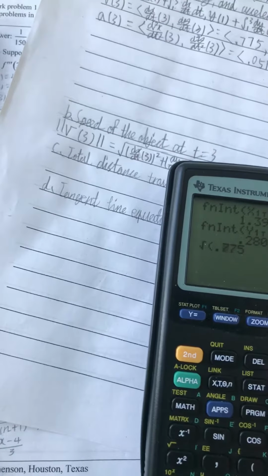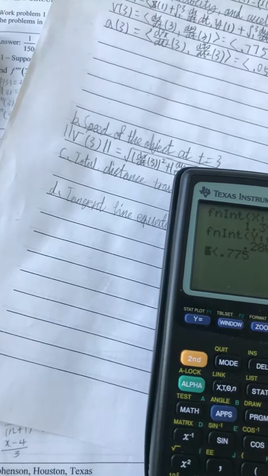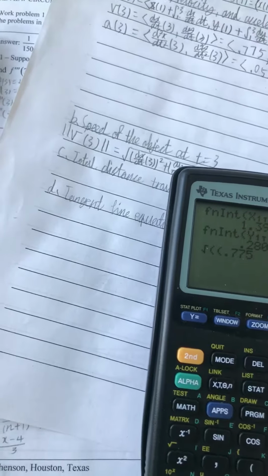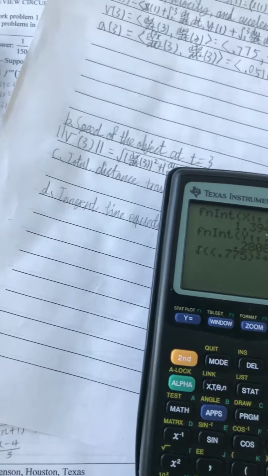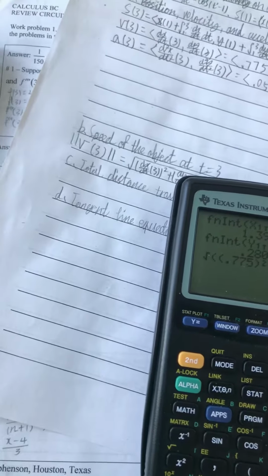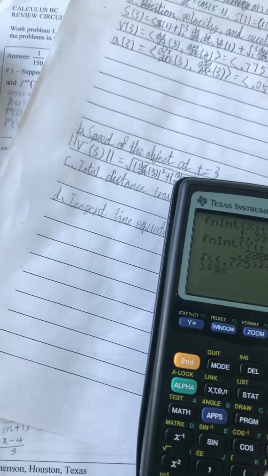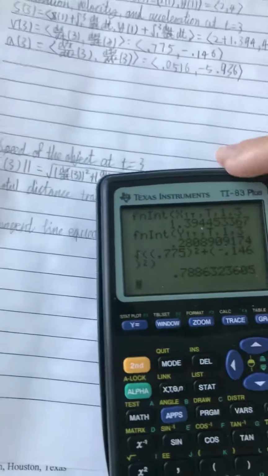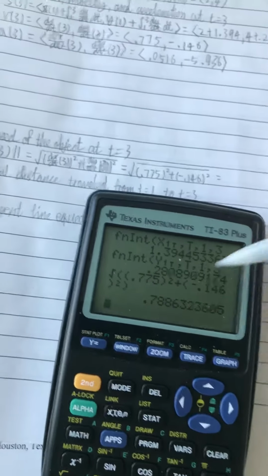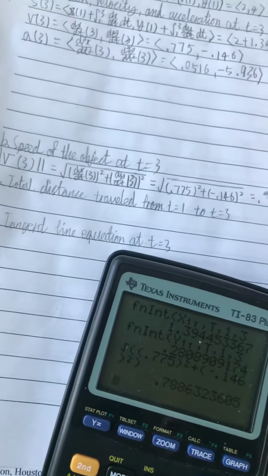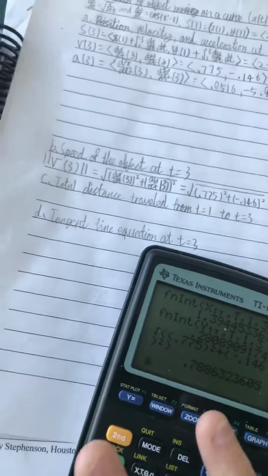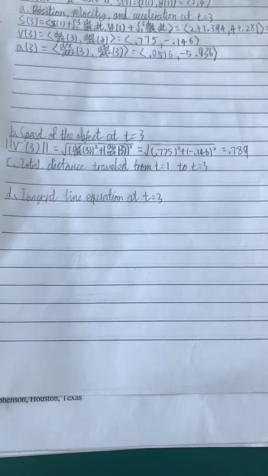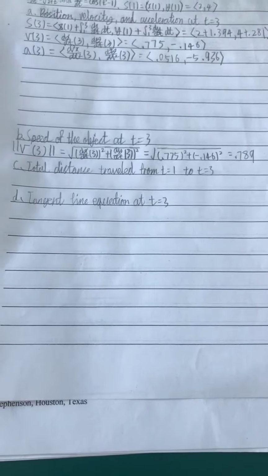And we know the speed at time equals 3 is 0.78. Let's round it up to 9 since the next digit is 6. Okay, and that's our speed at time equals 3.